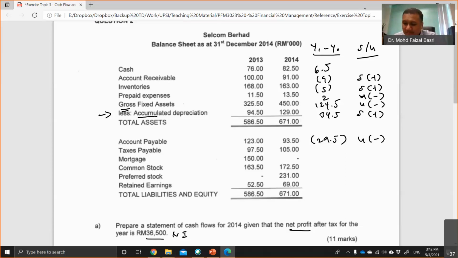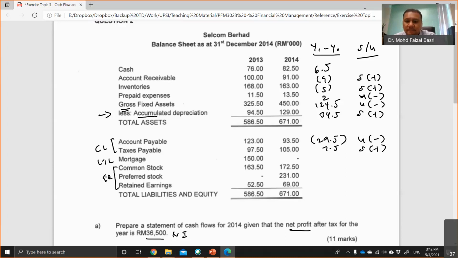For taxes payable, we get roughly 7.5 positive, so sources. Mortgage is a long-term liability, so these two would be our current liabilities, and the last three would be our equity.